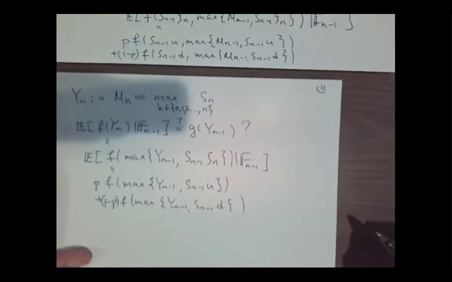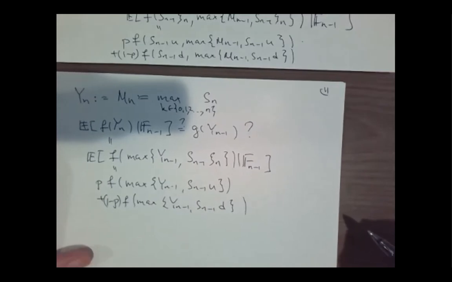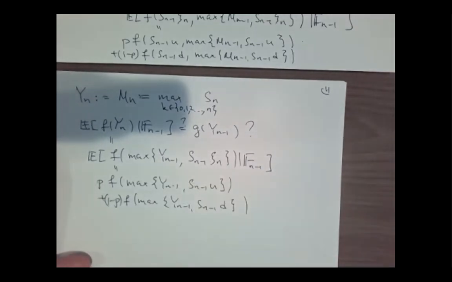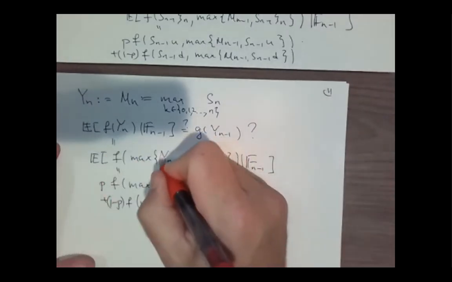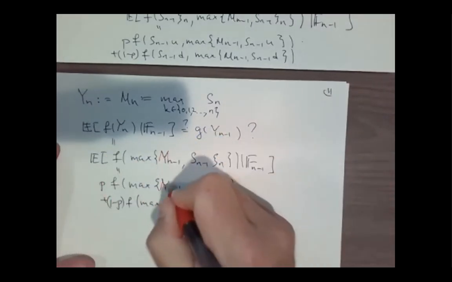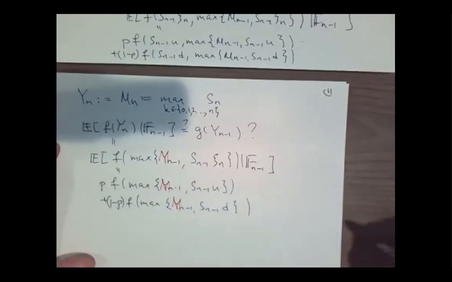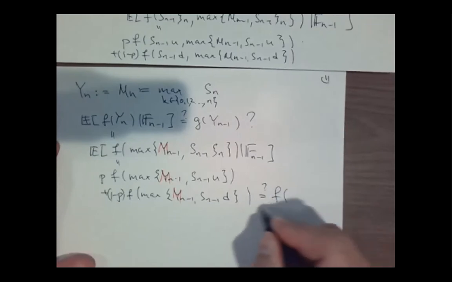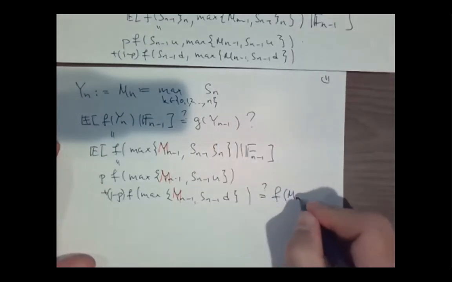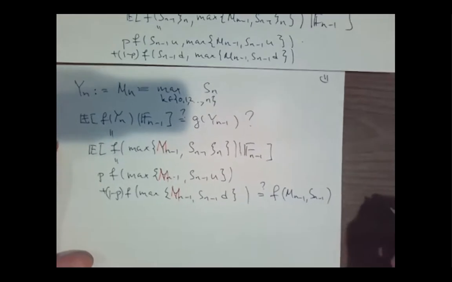Now, is this a function? This here should be M. My y, this should be M here. Is this here a function of f of what is Yn? This is Mn minus 1.